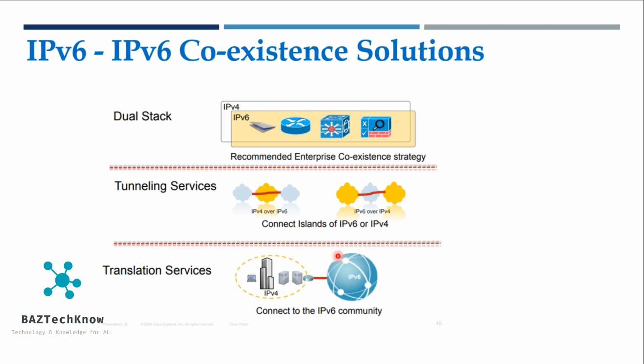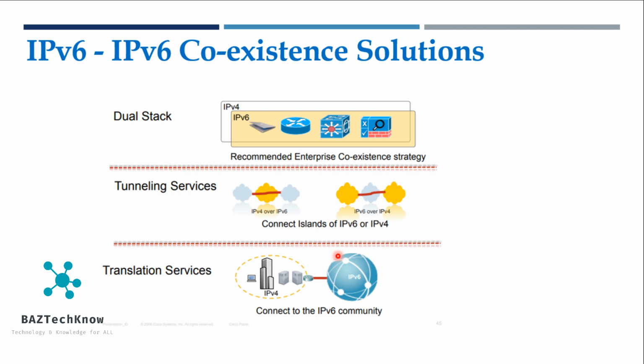Tunneling is the same as what we heard about with VPNs. Say you have an IPv6 network, and the remaining world is IPv4. So they make a tunnel, or you can say a logical path, between your two clouds which are IPv6 enabled, or vice versa. And some companies are also using translation.